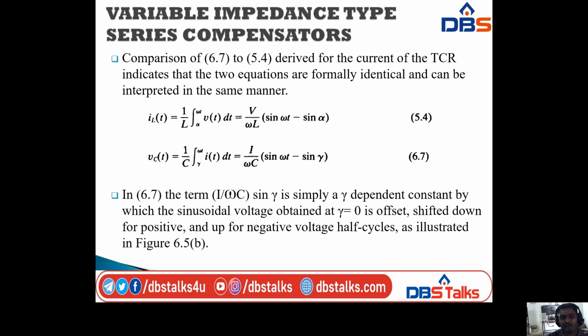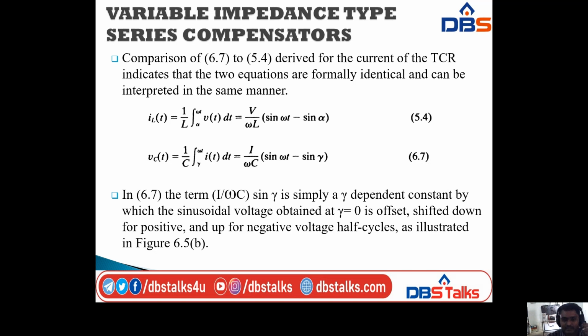And in 6.7 we have Vc of t equal to 1 by omega C into sin omega t minus sin gamma. So these are the equations we have in the TCR and in the GCSC concept. Comparison of these two equations shows that they are formally identical and can be interpreted in the same manner.